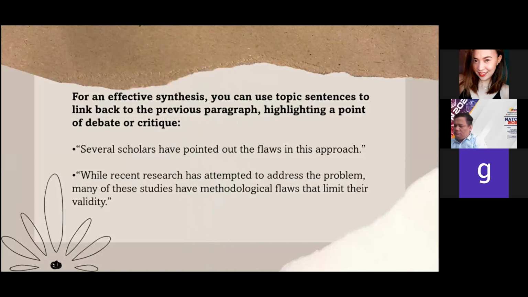For an effective synthesis, you can use topic sentences to link back to the previous paragraph, highlighting a point of debate or critique. Example: several scholars have pointed out the flaws in this approach. While recent research has attempted to address the problem, many of these studies have methodological flaws that limit their validity.